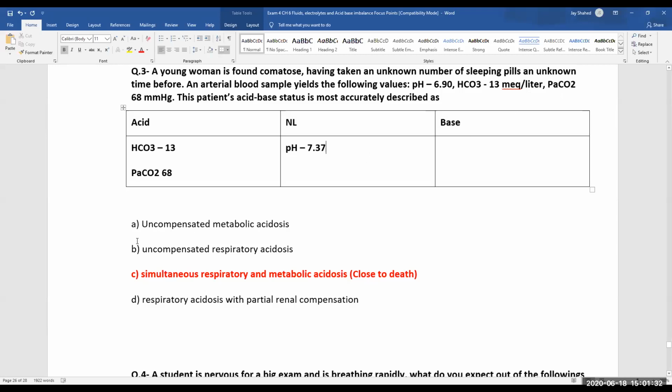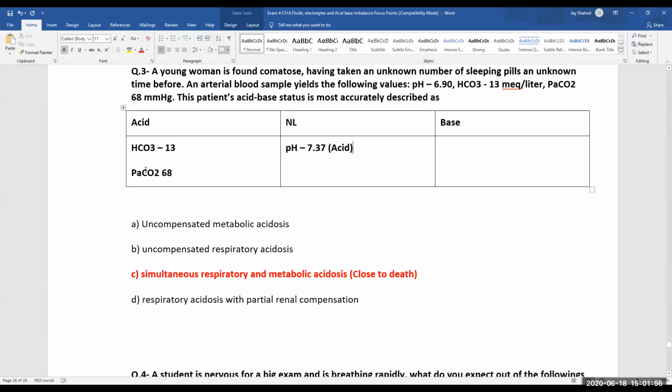What do you think of this now? Could this happen? Is this acidosis or alkalosis here? It's more towards acidosis. So I think it's possible.